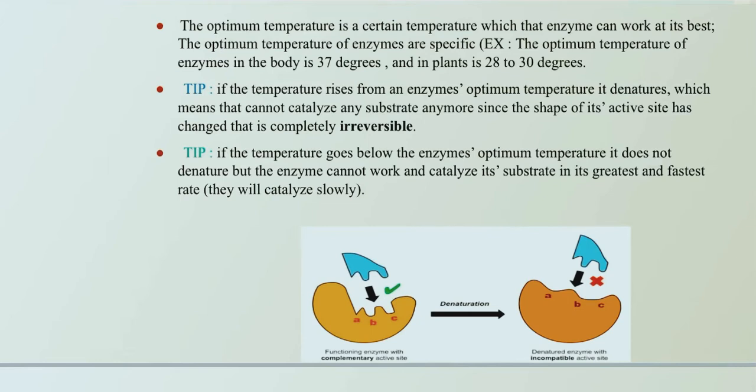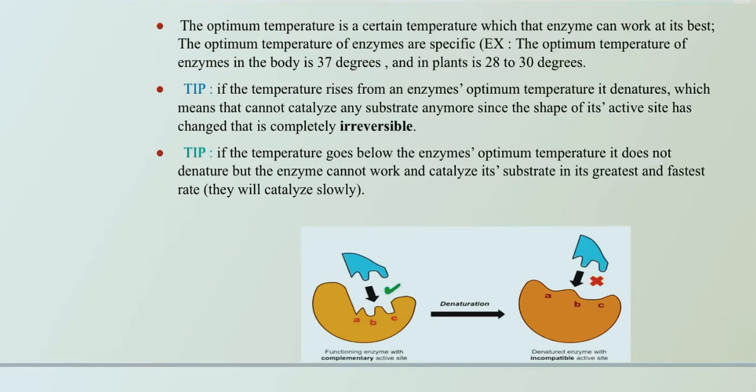And as you can see in the picture, before the process of denaturation happens, this means before the temperature rises above the enzyme's optimum temperature, the active site is not going to change, and the lock and key hypothesis is going to remain the same. And also the enzyme substrate complex can form often.